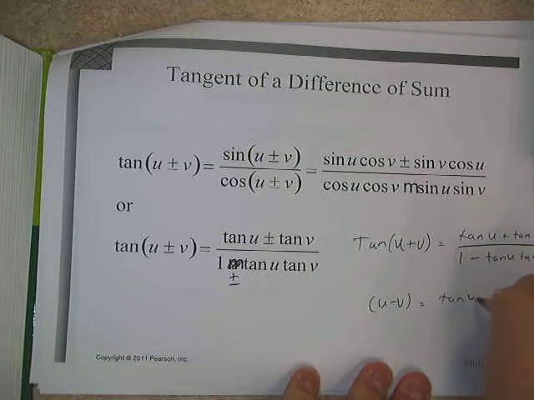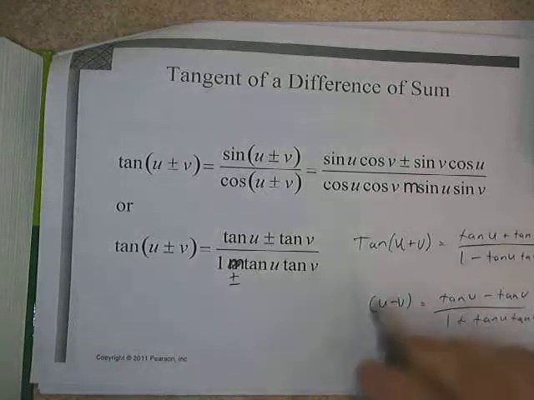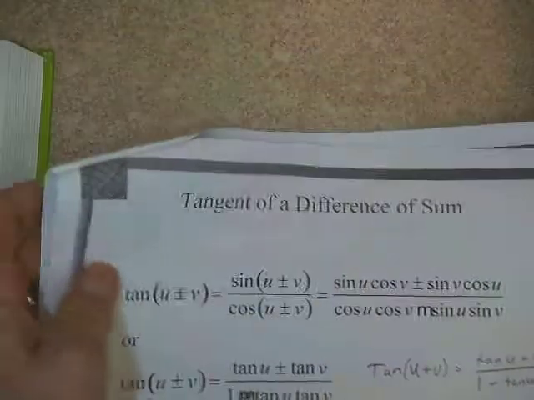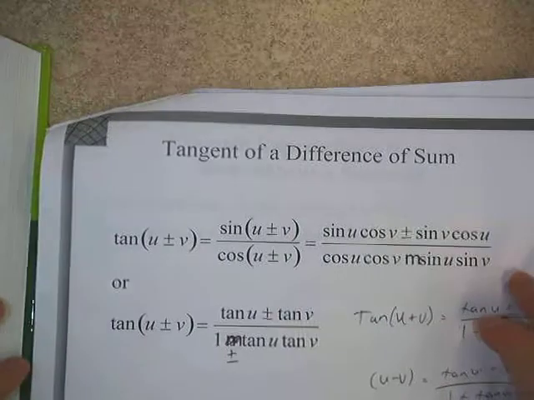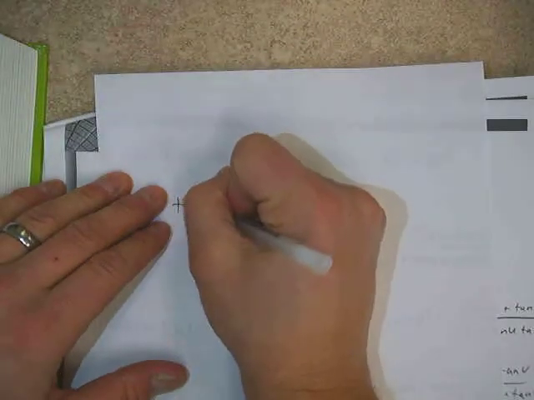And then the bottom comes from cosine, and we know cosine does have a sign change, so we would write 1 minus tangent u tangent v. And on the other hand, if it was u minus v, we would have tangent u minus tangent v. And the bottom would be 1 plus tangent u tangent v. So we'll use those in the same manner as we did with the sine and cosine.